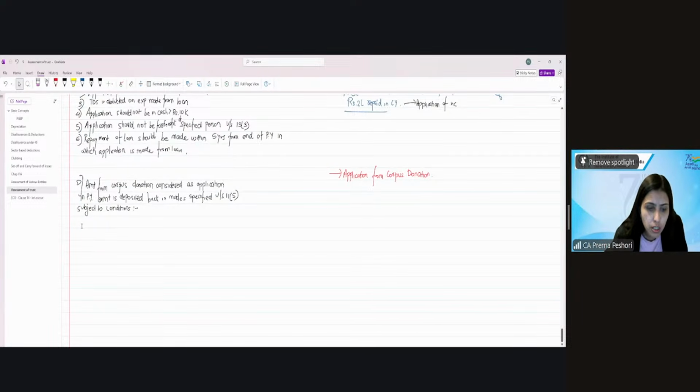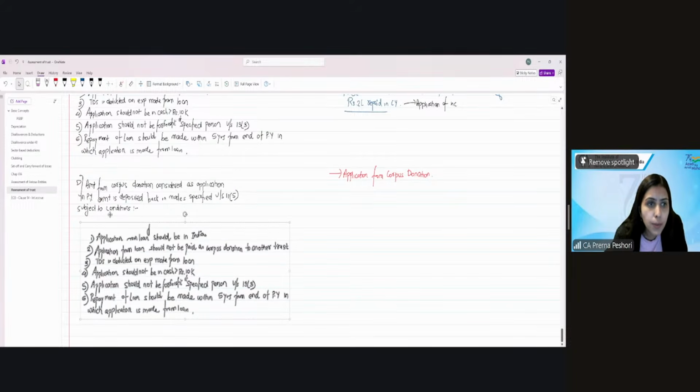The application from the corpus donation should be for the purposes in India. Application should not be with respect to the corpus donation to any other trust. If any expense is paid from the corpus donation, the TDS should be deducted on that.